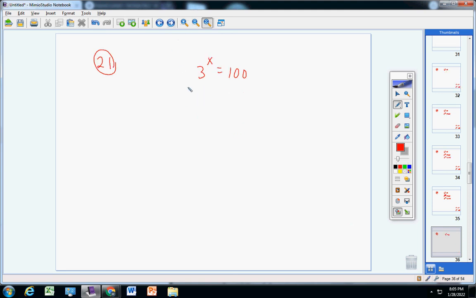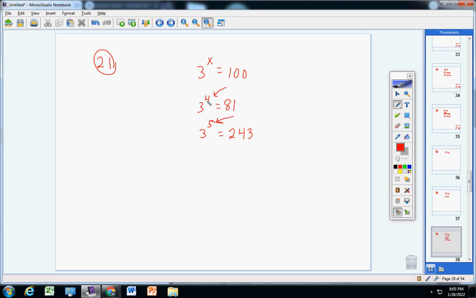Okay, 21. Again, you cannot write both sides with the same base. So you're going to have to estimate. So 3 to the 4th is 81. 3 to the 5th is 243. Sorry for yawning. So 4 is not quite big enough. 5 is too big.